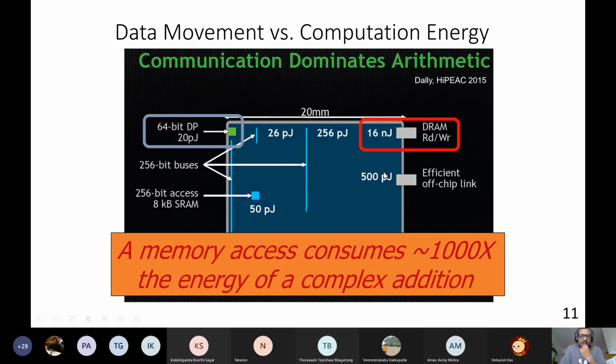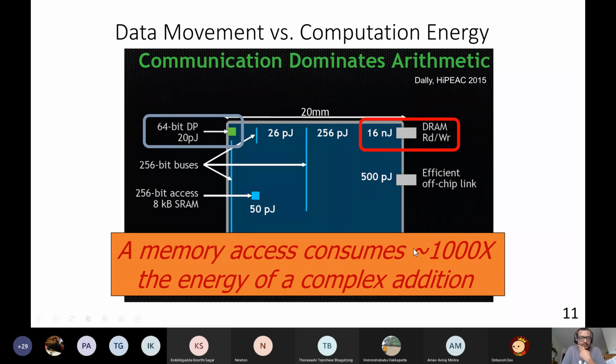And if you think about the energy, which can eventually manifest in terms of power, just look at the units used for DRAM read/write and others. Others are in picojoules, and DRAM is in nanojoules. So you can easily correlate: a simple operation in the processor compared to going to memory is 1000 times worse in terms of energy efficiency.